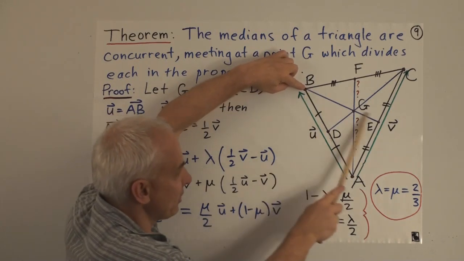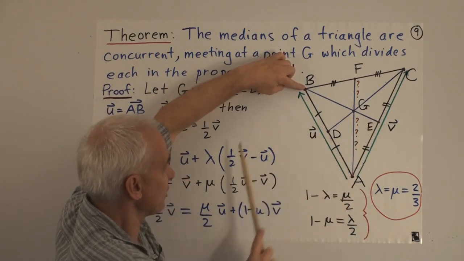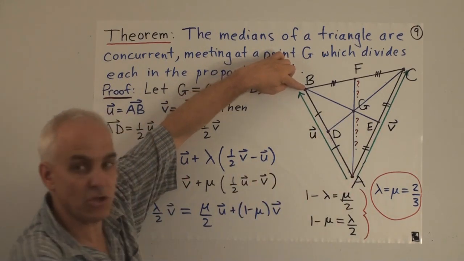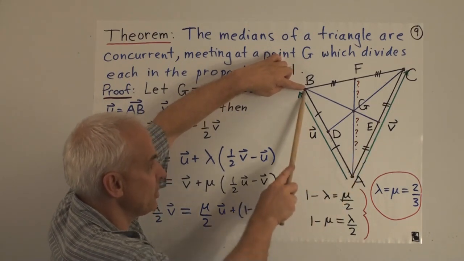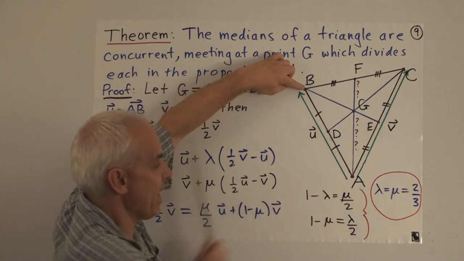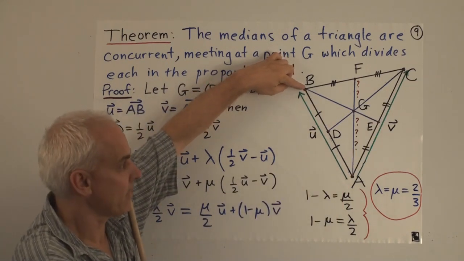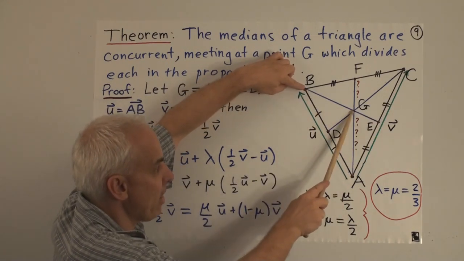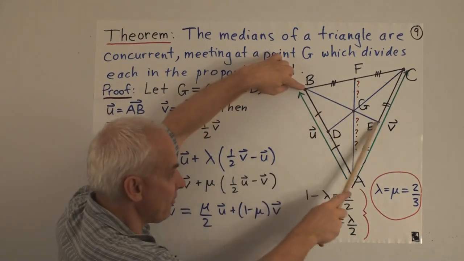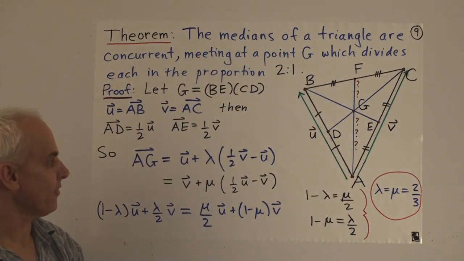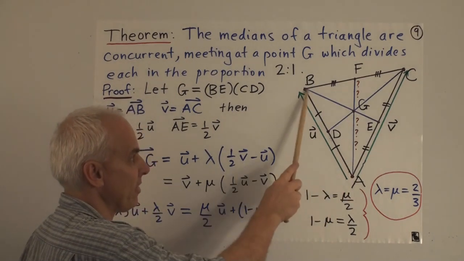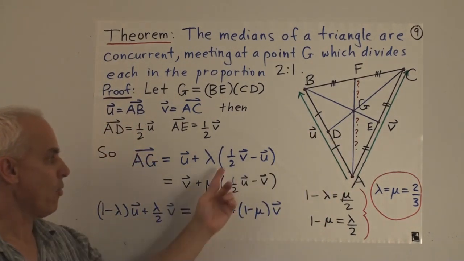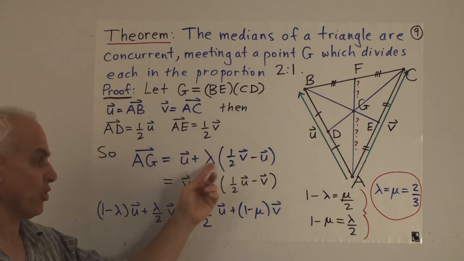And so this vector from B to E is the vector 1/2 of v minus u. There's 1/2 of v, there's u. The difference is 1/2 of v minus u. And we're taking some unknown multiple lambda of this vector. So that's how we get AG. AG is u plus some multiple of (1/2 v minus u). We don't know what lambda is.